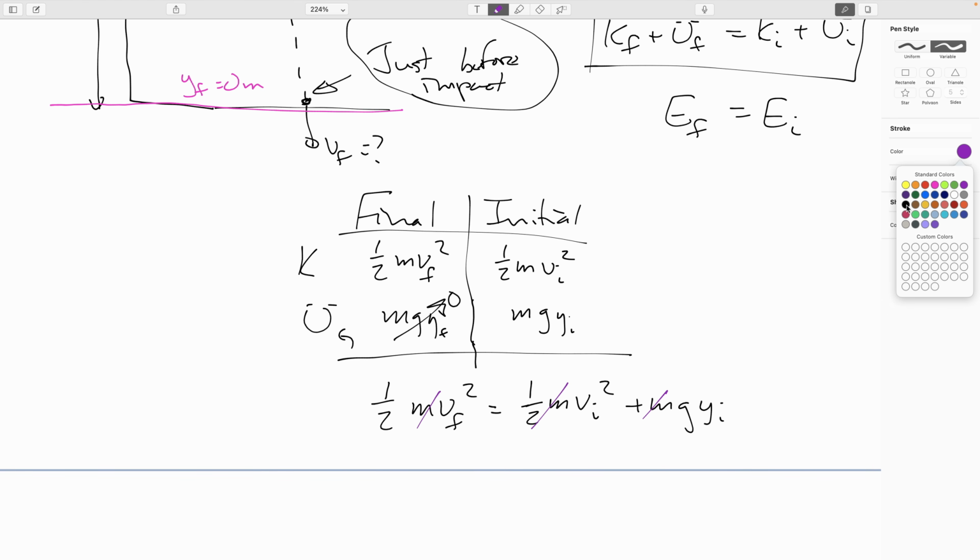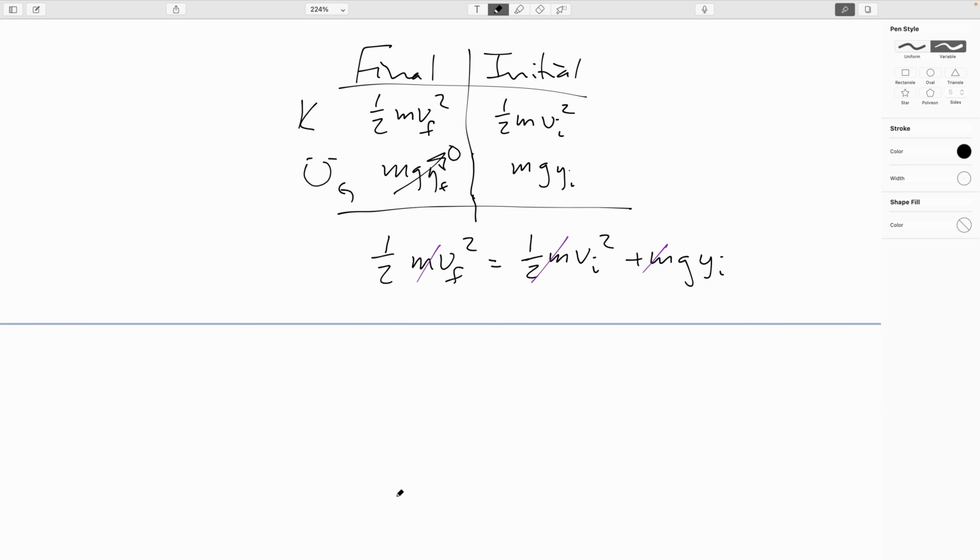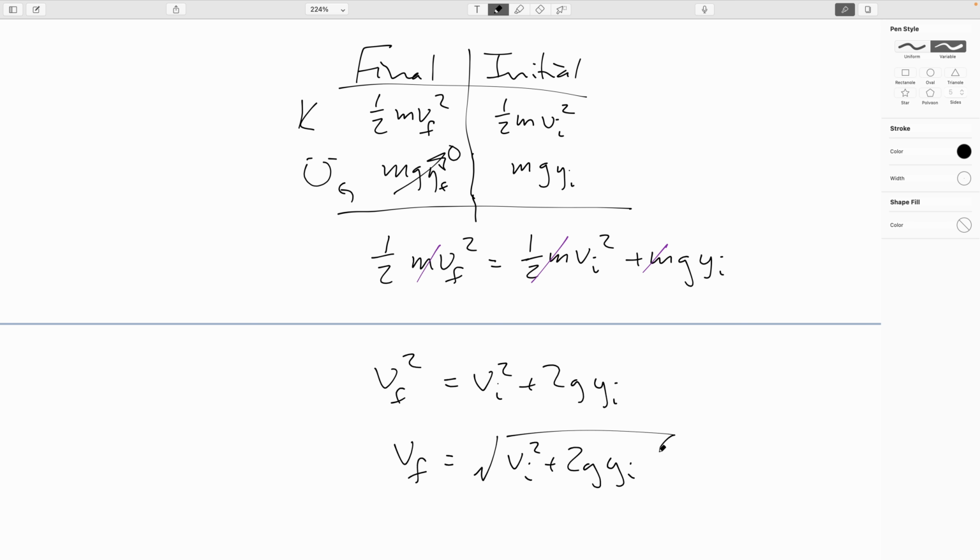And to solve for the final speed, we'll just have to multiply through by 2 and take the square root. So let's see, multiplying through by 2 gives us v final squared equals v initial squared plus 2g y initial. Then take the square root, v final equals the square root of v initial squared plus 2g y initial.